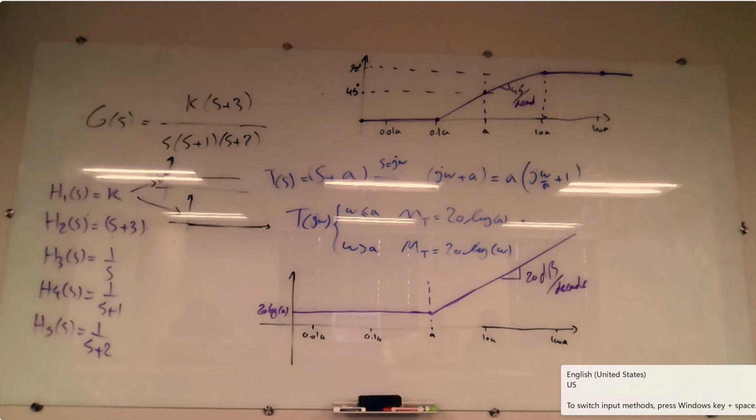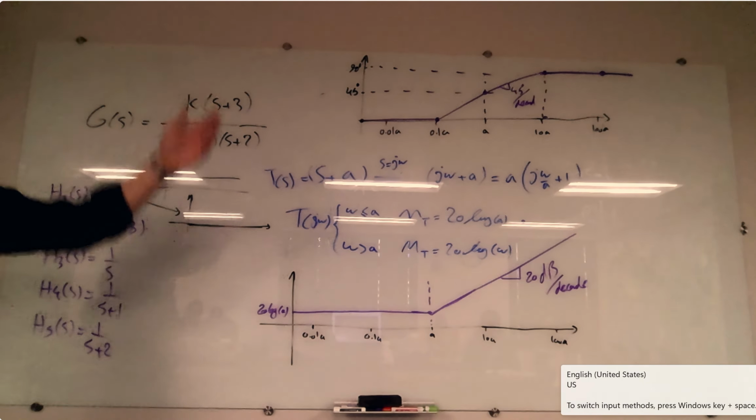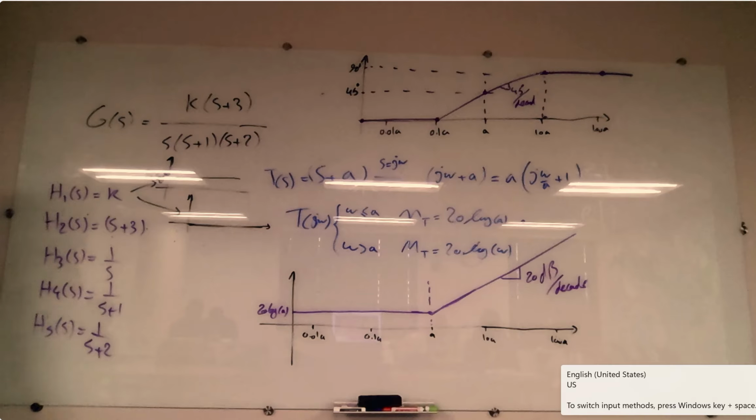Is that clear? Now, in the next session, we are going to talk about these types of terms too, to find out how they behave when we want to draw both plots, for both magnitude and phase.